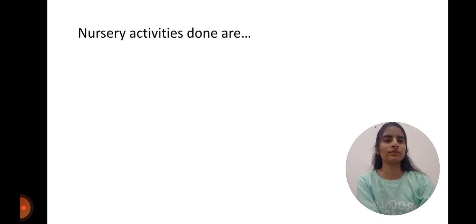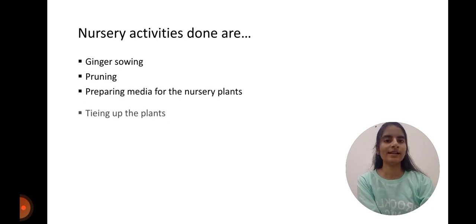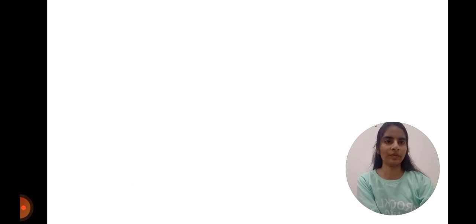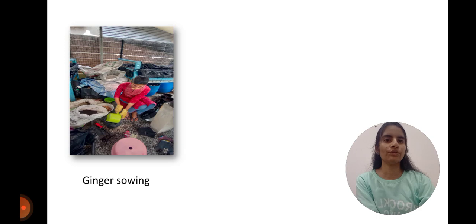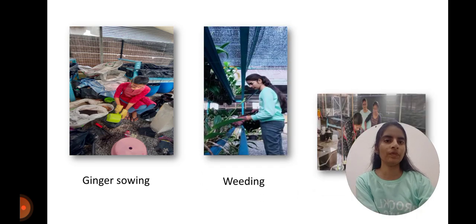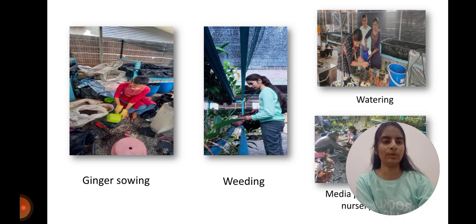The activities we have done in the nursery include ginger sowing, pruning, preparing media for nursery plants, tying up the plants, arranging the pots, planting, watering, weeding, etc. These are the pictures of nursery management and housekeeping in the nursery, like ginger sowing, weeding, watering, and media preparation.